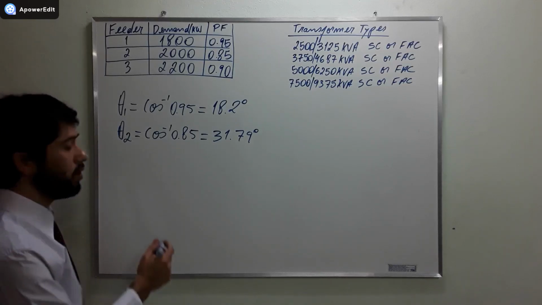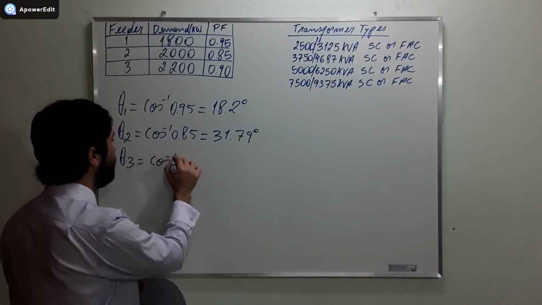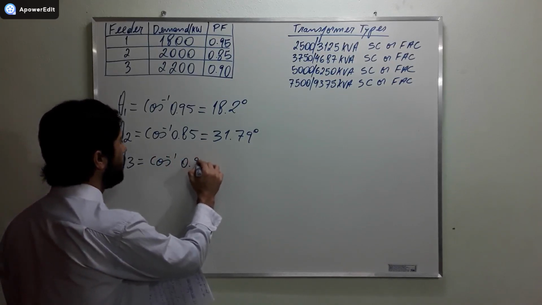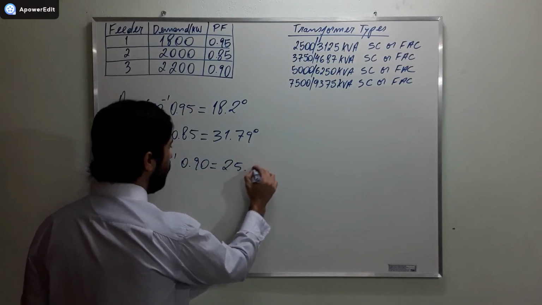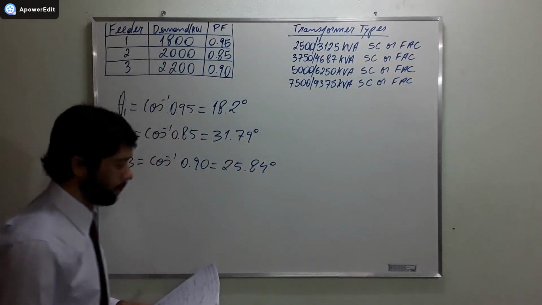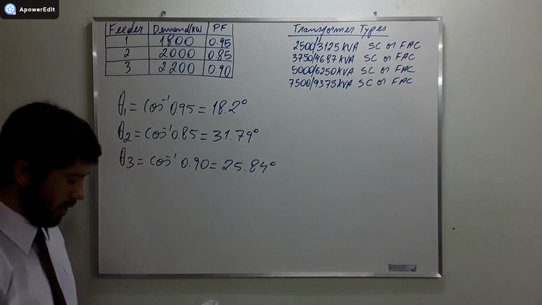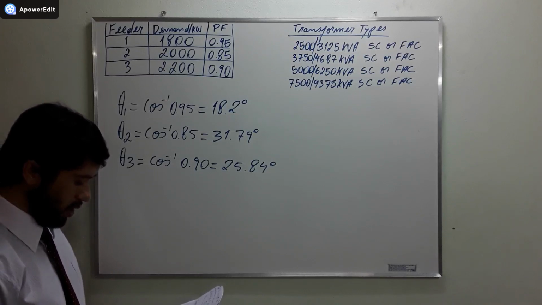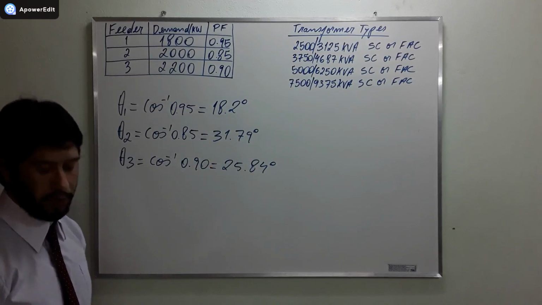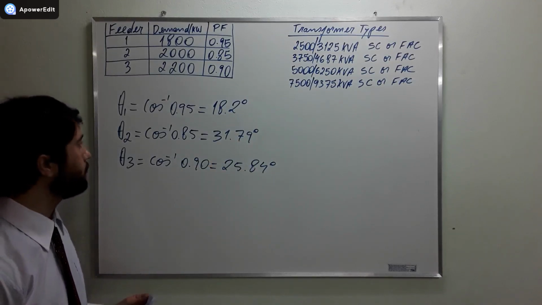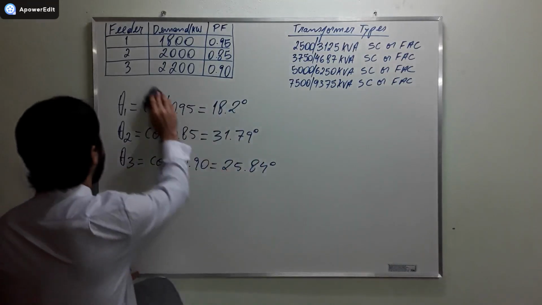Let's go to the third angle, theta 3, which is equal to the inverse cosine of 0.90, which is equal to 25.84 degrees. Right? Do you guys get it? Very easy, isn't it? And now, we can use these values here to calculate the reactive power Q. And so let's go. Let's calculate the reactive power.